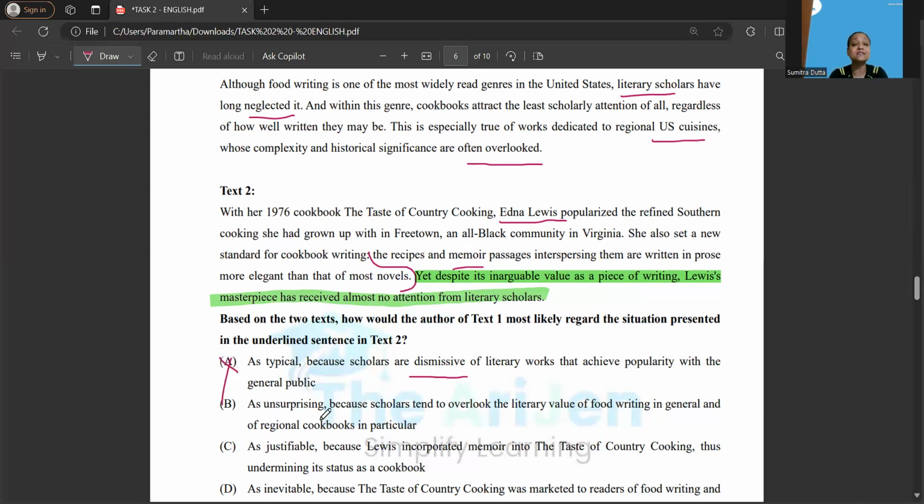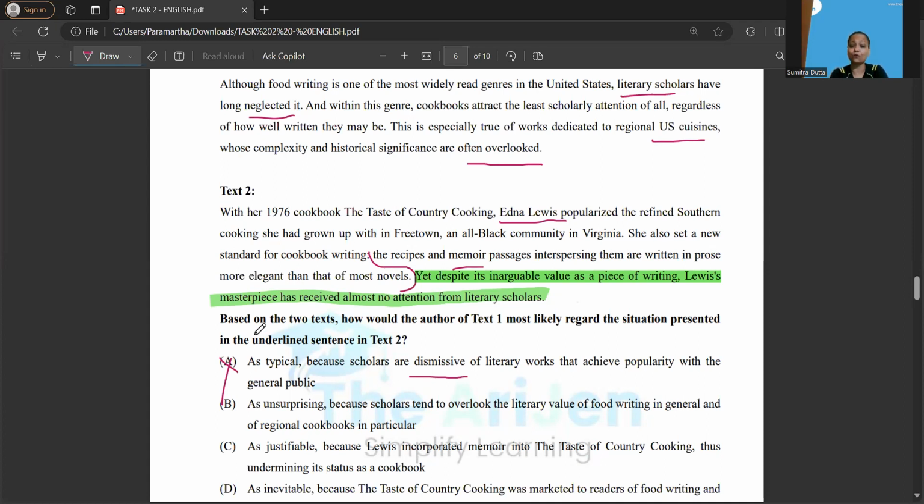Option B: as unsurprising, because scholars tend to overlook the literary value of food writing in general and of regional cookbooks in particular. Unsurprising. Why? Because scholars tend to overlook the literary value of food writing in general. That is what's being said in text 1 and text 2.